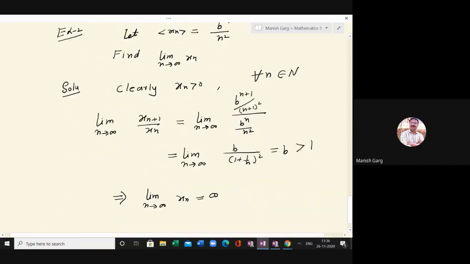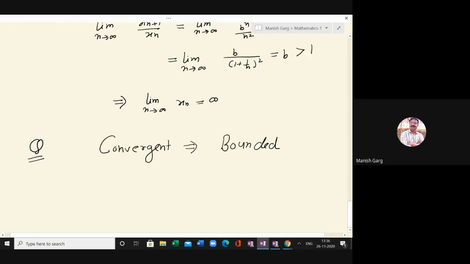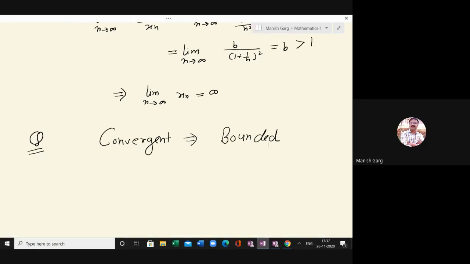Okay. Now, I told you if you have a convergent sequence, this is always bounded. But every bounded sequence is not convergent; the converse is not true.